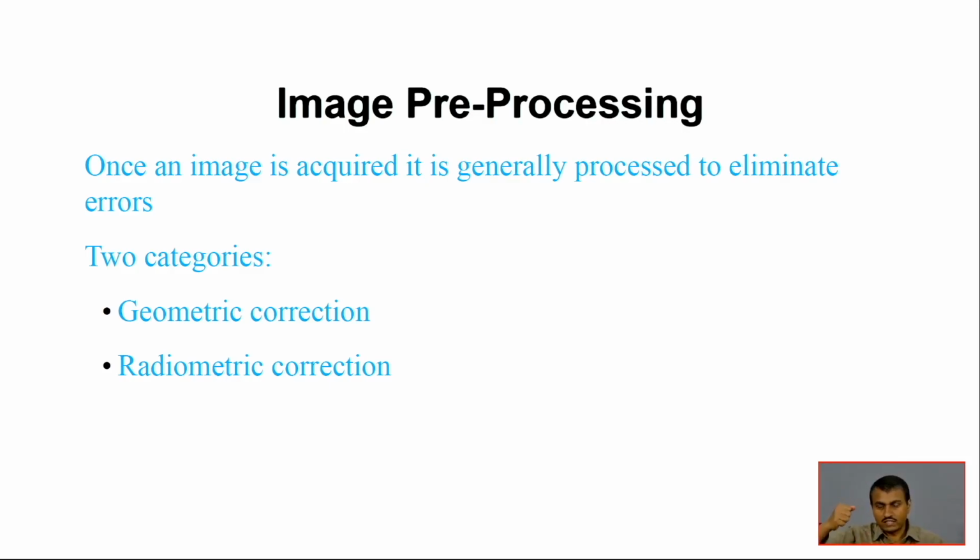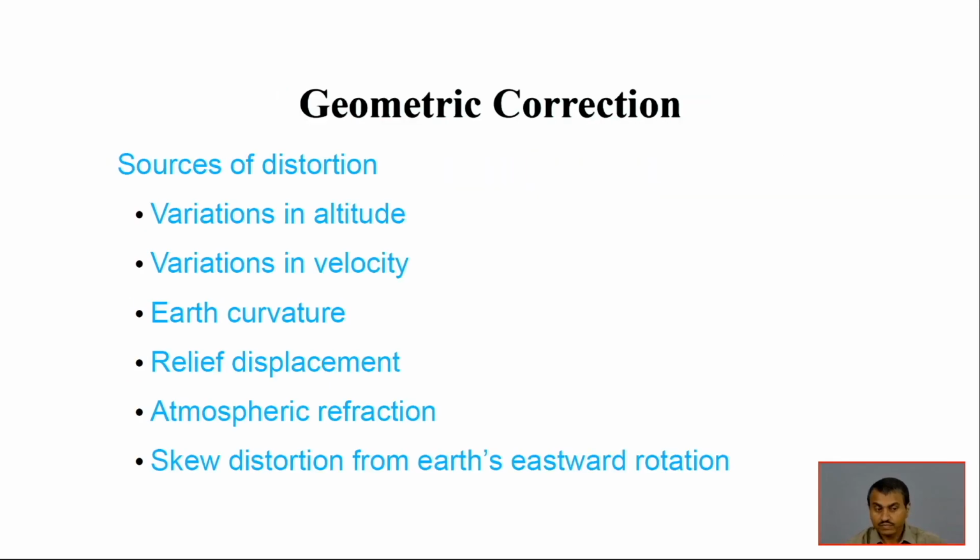So, while the satellite is traveling, due to that travel and consequent image acquisition, obviously there would be some amount of geometric distortion in the image. What are the factors? These are the possible sources of errors.